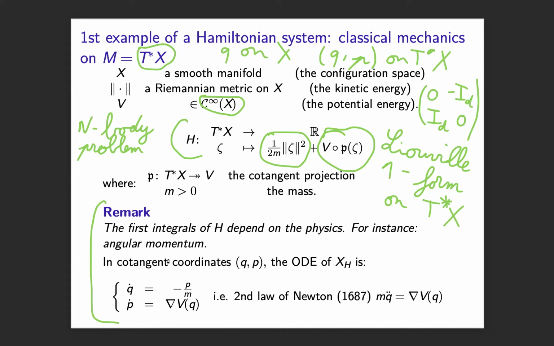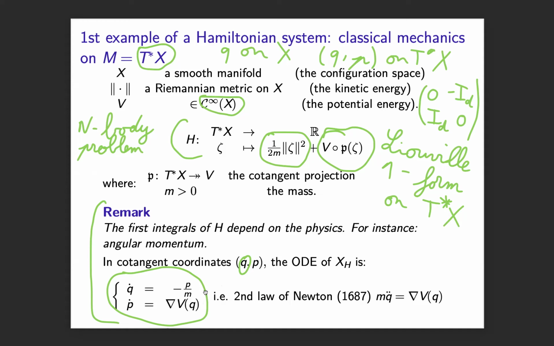And this remark is a translation of what is written upstairs, but with coordinates. If you use coordinates, so Q, the coordinate on the configuration space, and P, its associated coordinate on the cotangent bundle, then the Hamiltonian system of H is given by these two equations, that are first order ordinary differential equations with two components.